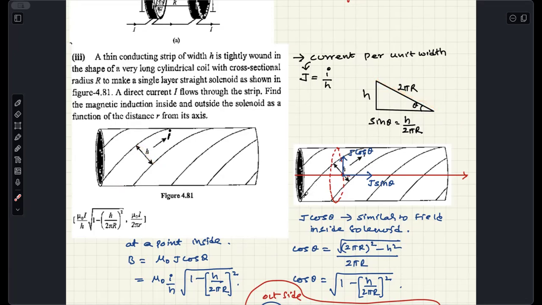For example, if someone starts here and completes one rotation, he will exactly reach this point here. Spiral pattern, helix, that's it.